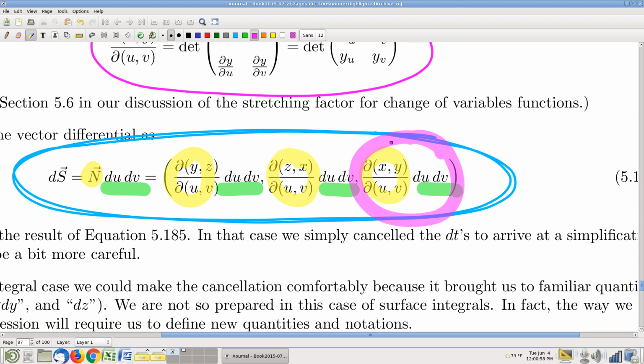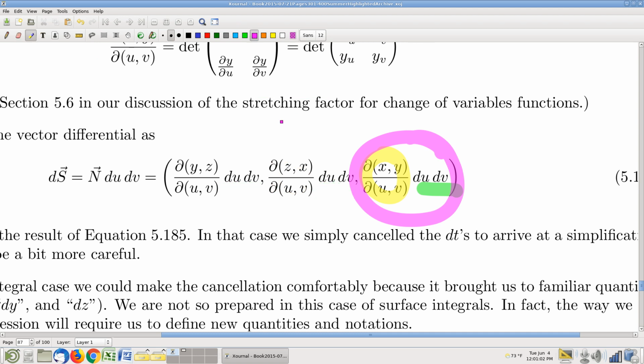And it turns out that hidden in a way that we haven't thought about, it is. So I want to show you now how I really not only can but should think of this as a change of variable stretching factor being multiplied by du dv, the input area, and therefore I should think of this as the output area dx dy. And here's where that is.